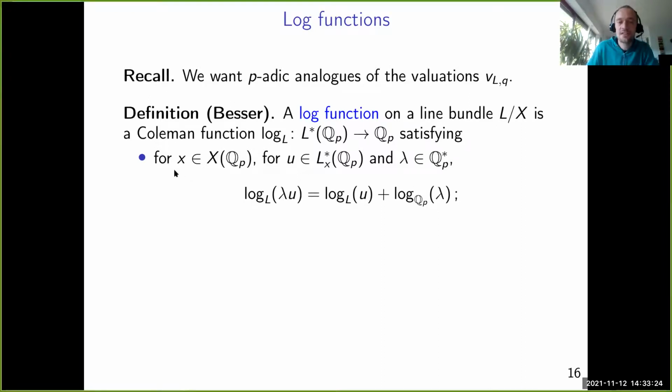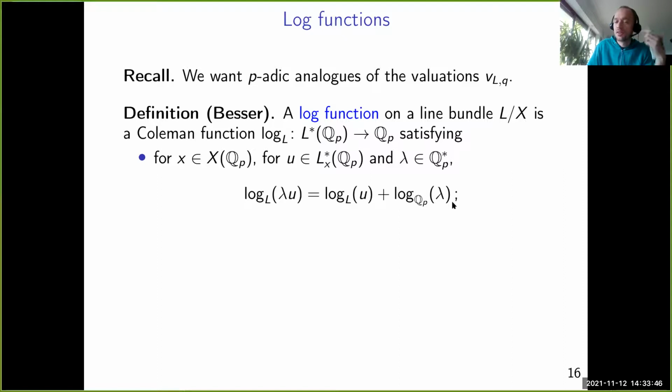The first condition is that it scales in the right way. By that I mean, if you start with a point on X, you lift it to some non-zero vector in the fiber above x, then if you scale that vector by lambda, and this is the same behavior we had earlier for valuations, what pops out now is the p-adic logarithm of lambda.